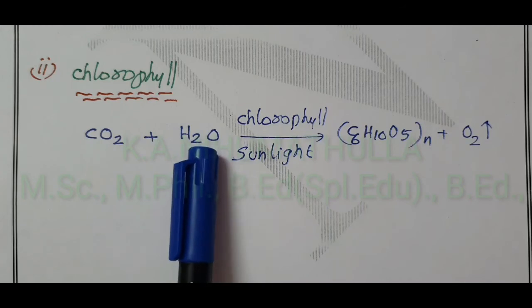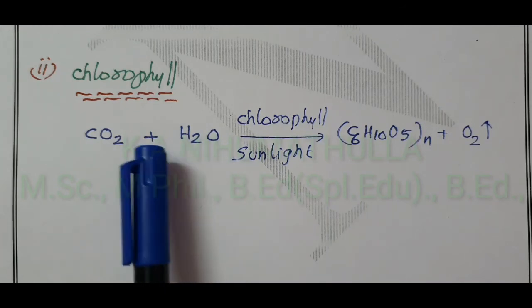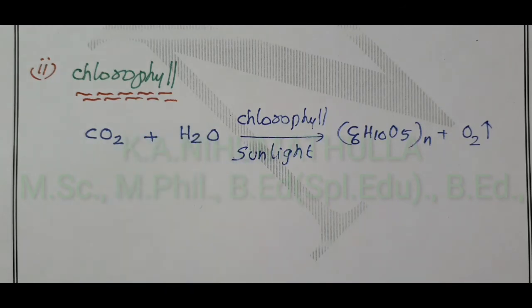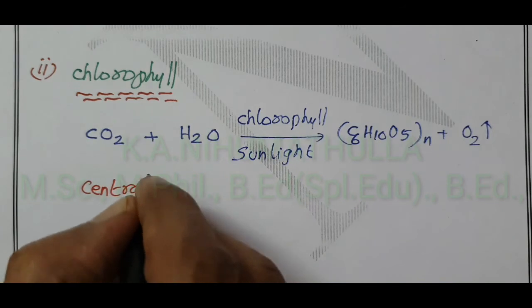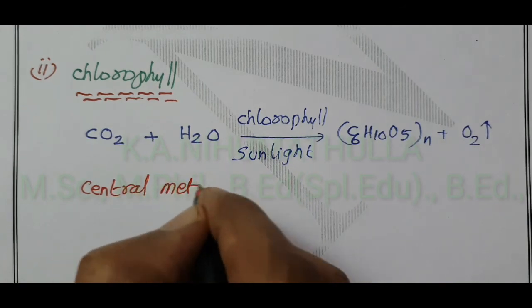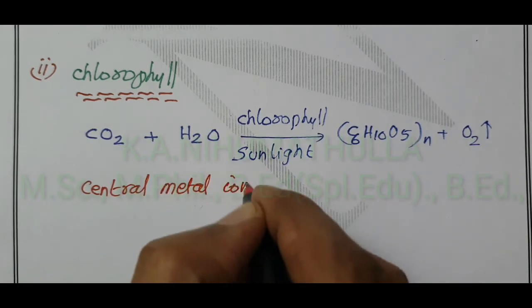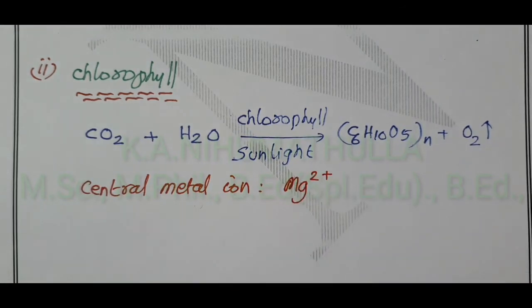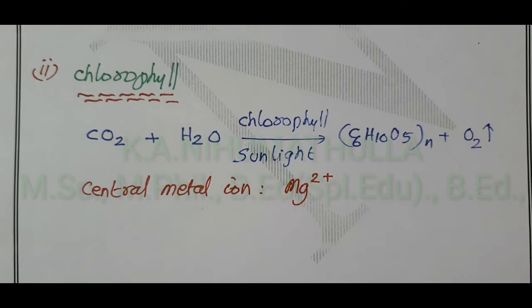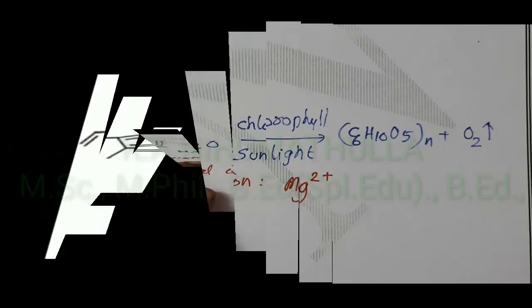The central metal ion in chlorophyll is the Mg2 plus ion, with coordination number 4. That detailed structure we are going to discuss now.